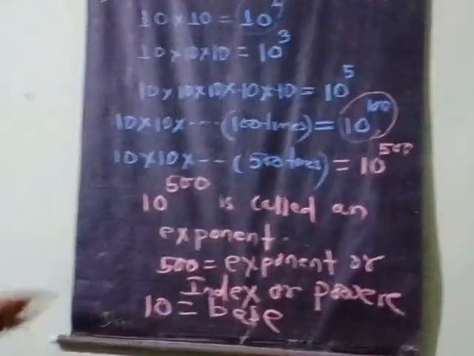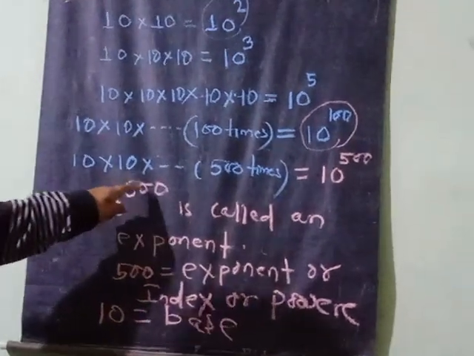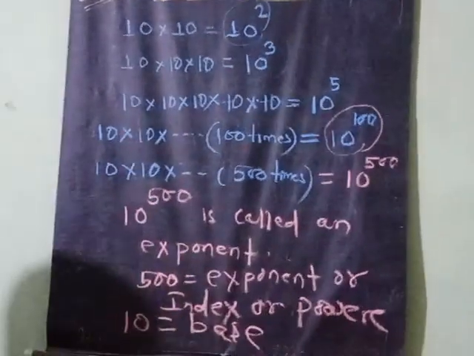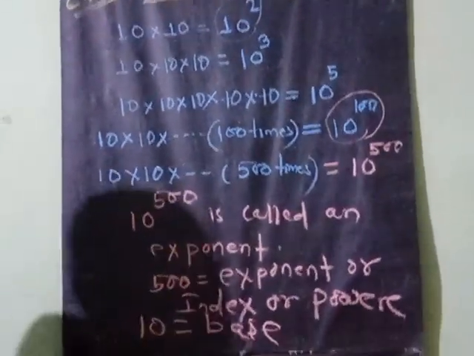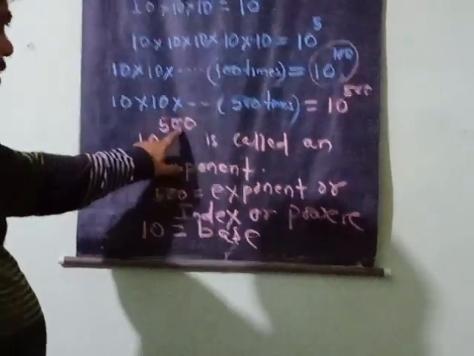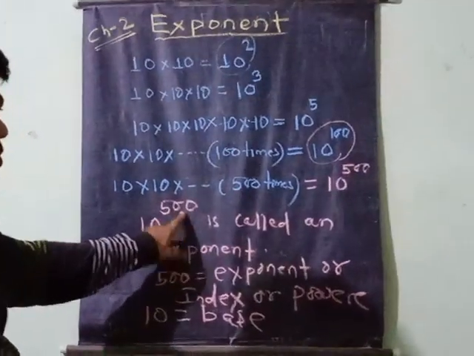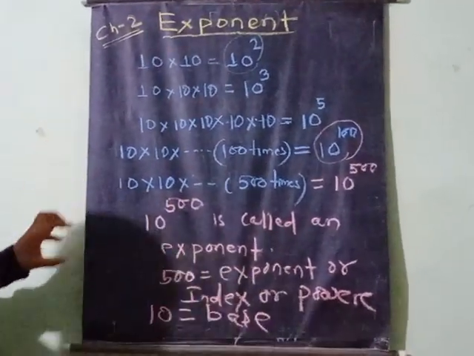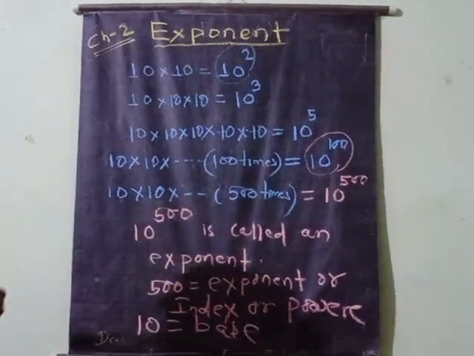You see, if you study the number 10 to the power 500, which is the exponential term, how many numbers are here? Two numbers. One number is 10, the other number is 500. So the exponential term involves two numbers.